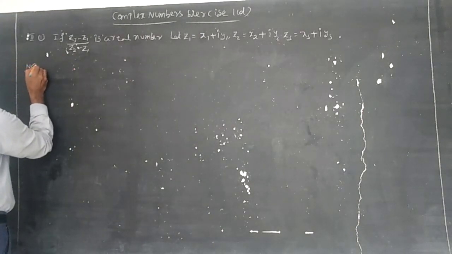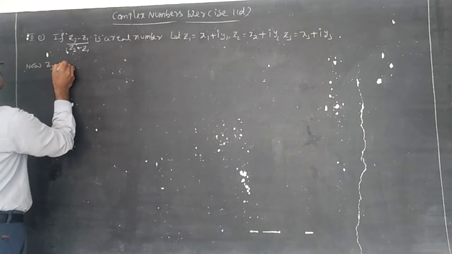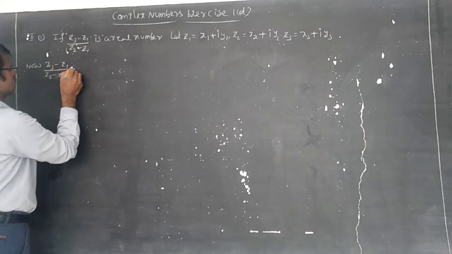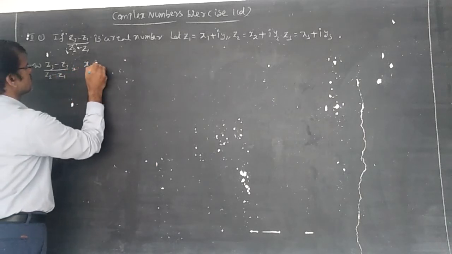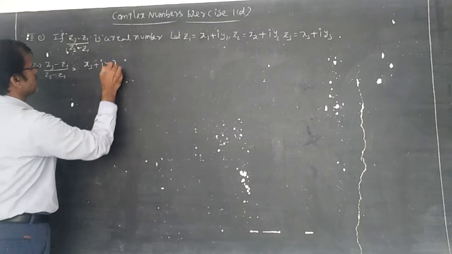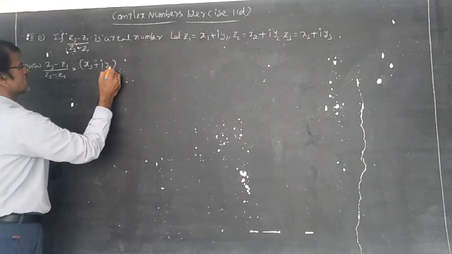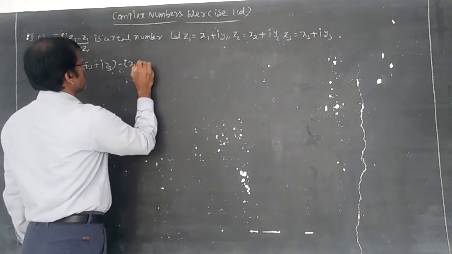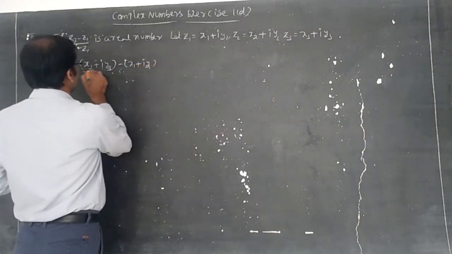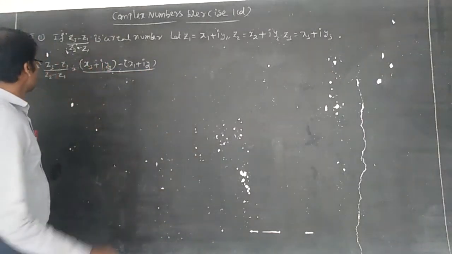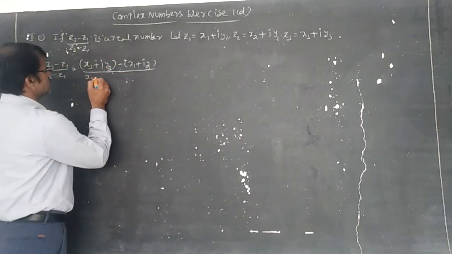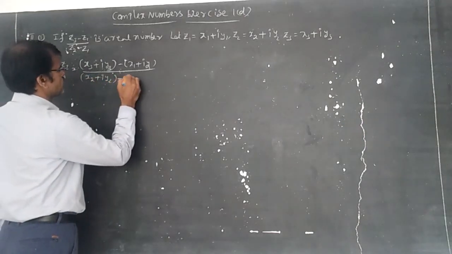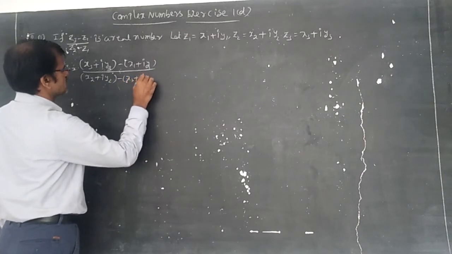Now (Z3 minus Z1) by (Z2 minus Z1) is equal to (x3 plus iy3) minus (x1 plus iy1), whole by (x2 plus iy2) minus (x1 plus iy1).